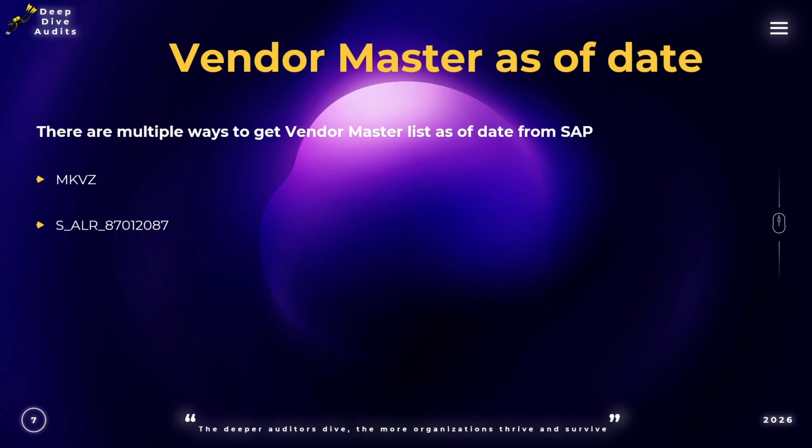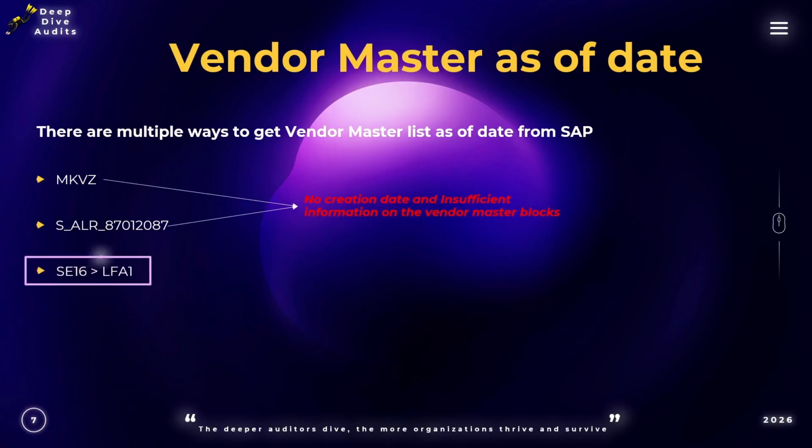So the safest and the most reliable option for us is SE16 LFA1, which gives us the table for the vendor master. Why we would be sticking with the LFA1 table is because it provides us the creation date of the vendor and also the information about all kinds of block or deletion mark which have been imposed on the vendor master, because that information will not be readily available with these two standard transactions.